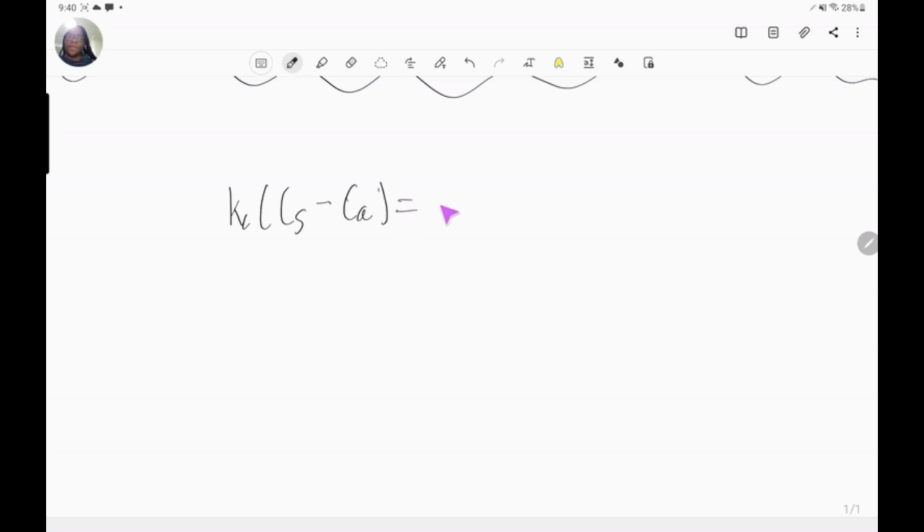That's going to be equal to our heat transfer coefficient times the temperature. So as I said earlier, the temperature of the surface, the temperature of the water, is going to be less because the water is evaporating, and this is going to be cooled. So the temperature of the air is going to be higher. So TA minus our temperature at the surface.